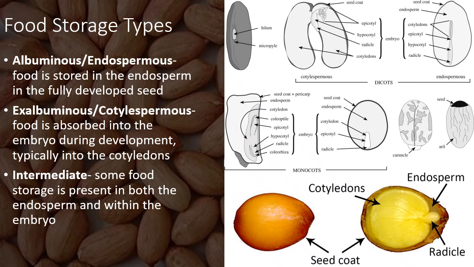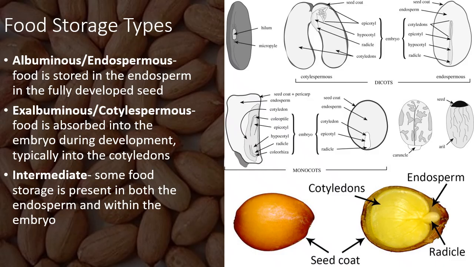And we can see the cotyledons, the epicotyl, hypocotyl, and radicle, which are all parts of the embryo. And then outside of the embryo, we see the endosperm labeled. So we've got an embryo surrounded by endosperm contained within the seed coat. And that's an albuminous or endospermous seed, meaning that the food is stored outside of the embryo.